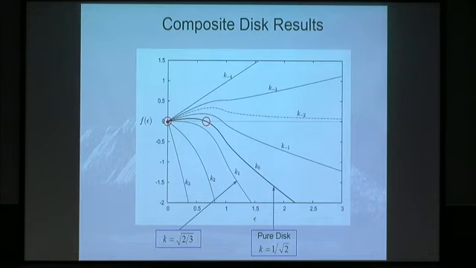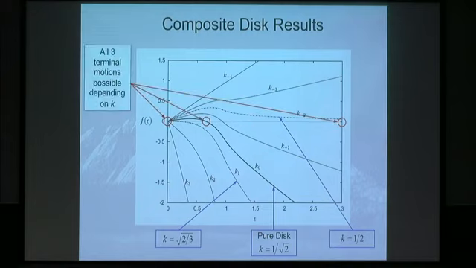All right? And then, if we decrease it, we come to some other fixed point. Decrease it more, we come to a value k equal 1/2. And so we have now 0, a finite value and several finite values, and an infinite value. So all three terminal motions are possible depending on the value of k. And k, remember, is a function of both lambda and eta, the geometry of the two-tier disk.